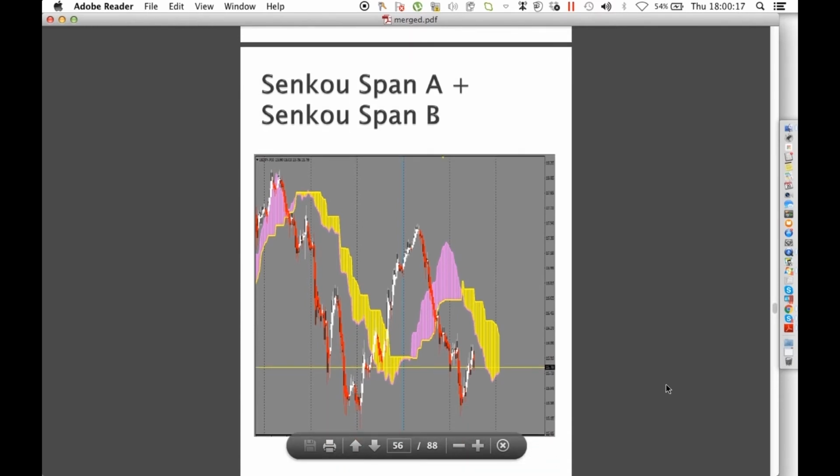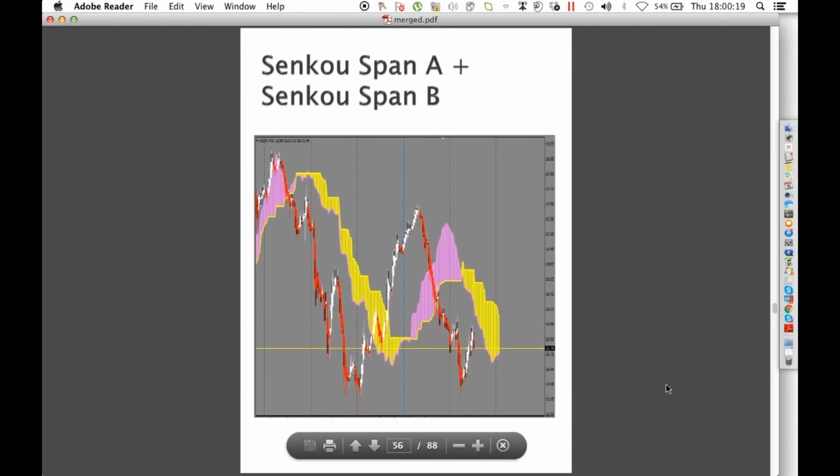All right, so looking at this, the Chikou Span and the Kumo, the whole cloud, you see that when it's yellow, it's generally a sell trend, and when it's pink, it's generally a buy trend.